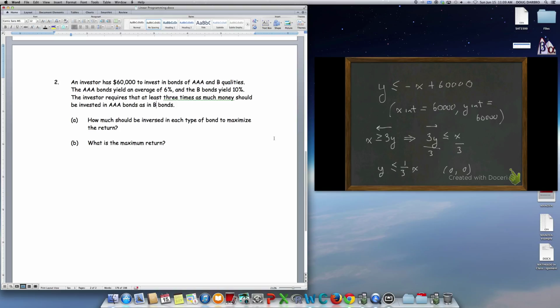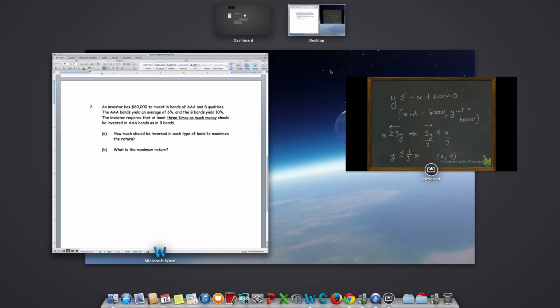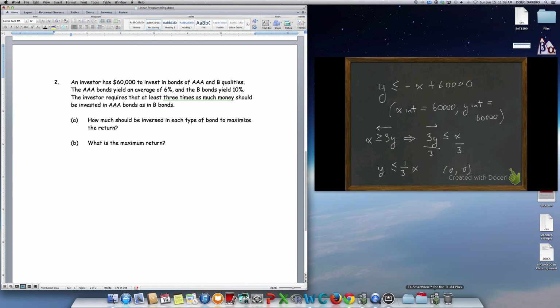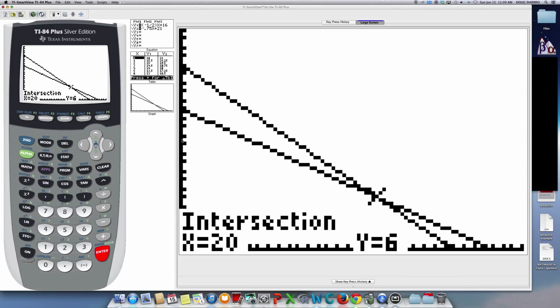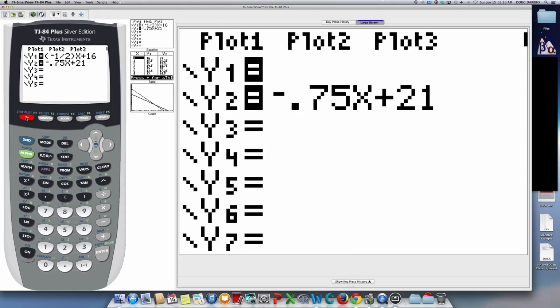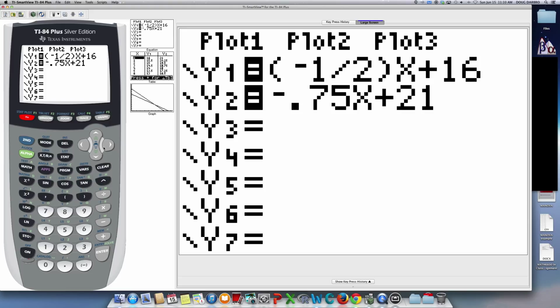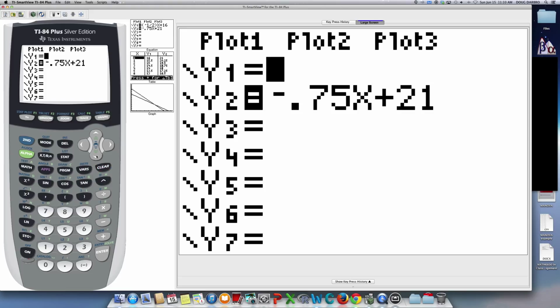So let's go take a look at our graph. So guys, go to y equal. Let's clear out what we've got.